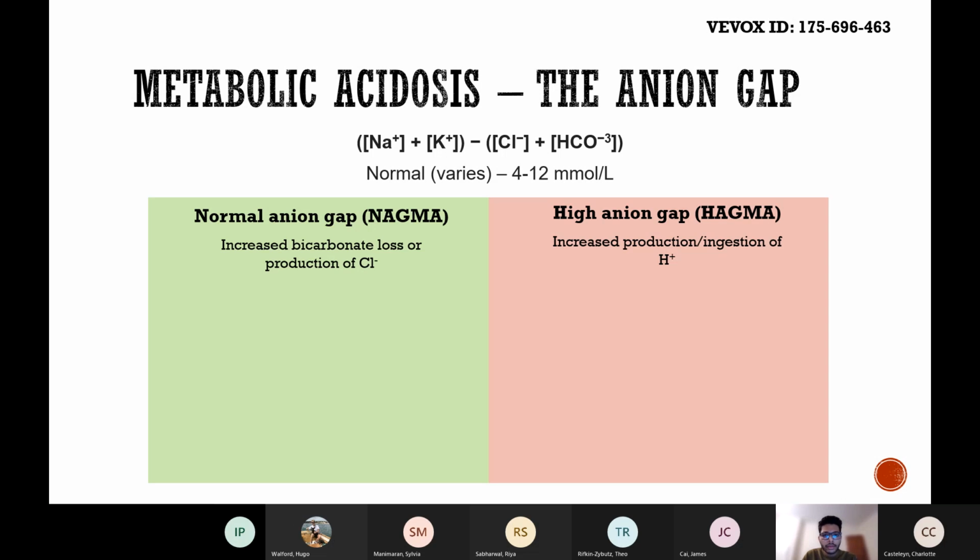And a normal anion gap metabolic acidosis is when you're losing bicarbonate from the kidneys, or sometimes producing chloride or ingesting chloride, but you don't need to worry too much about that. So with that in mind, knowing that this is the most important, by the way, knowing that high anion gap means that you've got an increased production of acid, does anybody want to hazard a guess at any causes of a high anion gap metabolic acidosis?